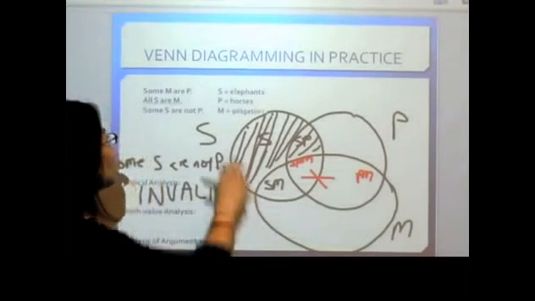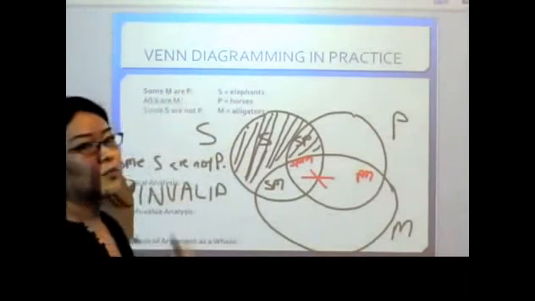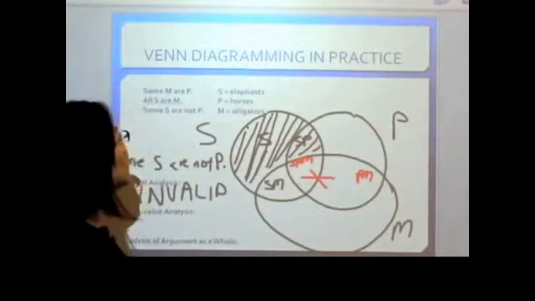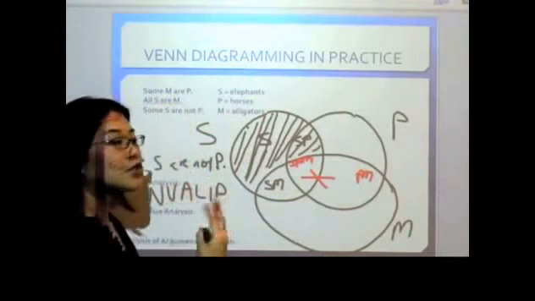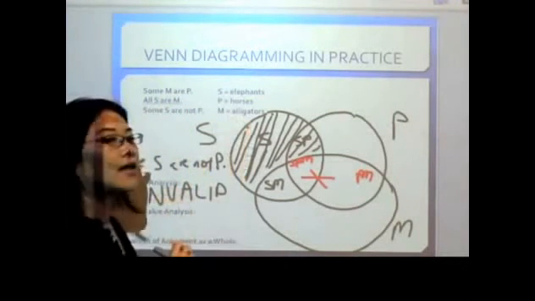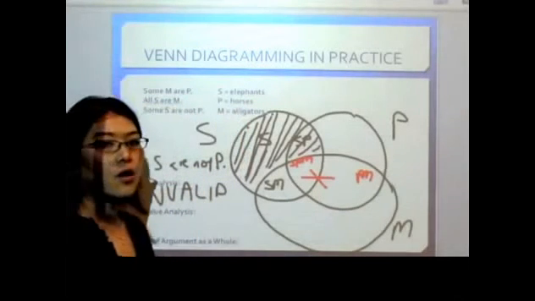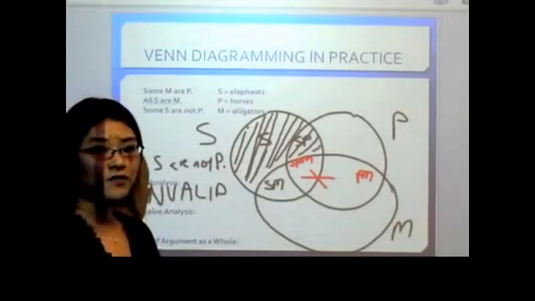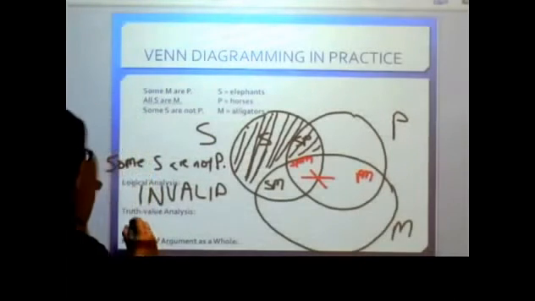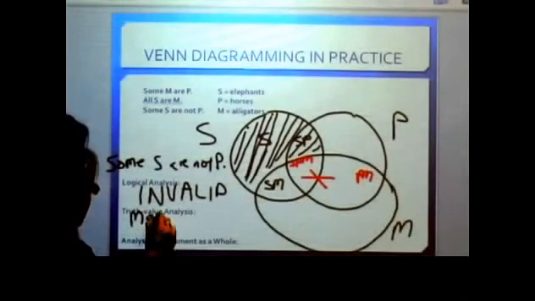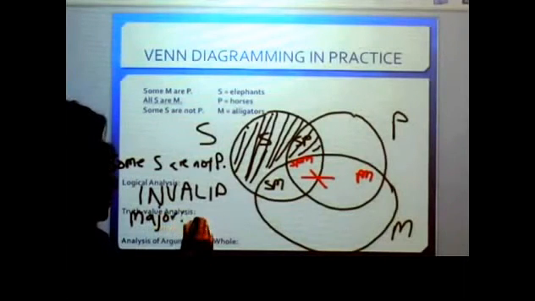Okay? So we have the statement here, some M are P, and that's the major premise. And the major premise is actually asserting, because M is alligators and P is horses, some alligators are horses. And this is actually false. Okay? So we know here that the major premise is actually false.